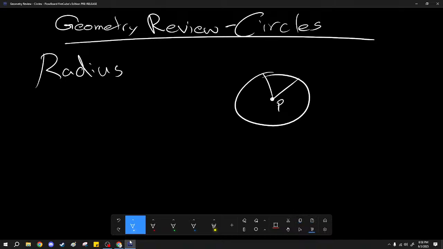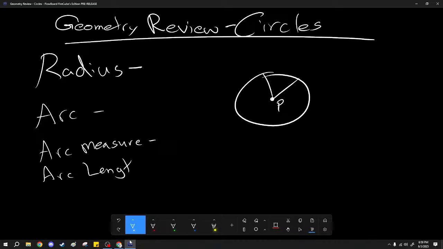Okay. Radius is something we'll need. What else are we going to need? Radius. We're going to go arc. Arc measure. Arc length. We'll do that for now.